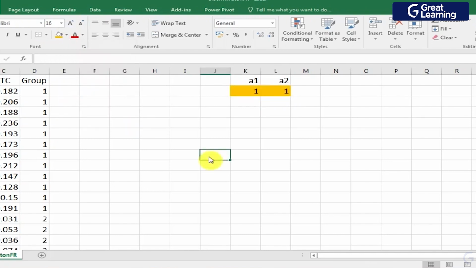Now everyone will tally with me because you have to only enter the numbers now, A1, A2.